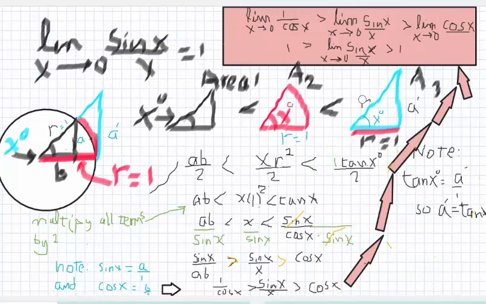We can call the largest one, I don't know, C. How about C? Okay, I'll call it C right here, just to name something.